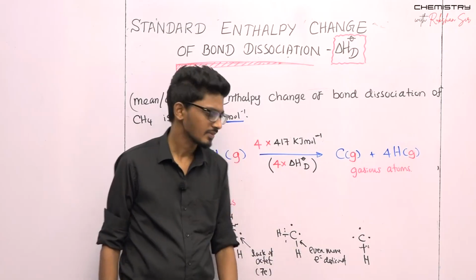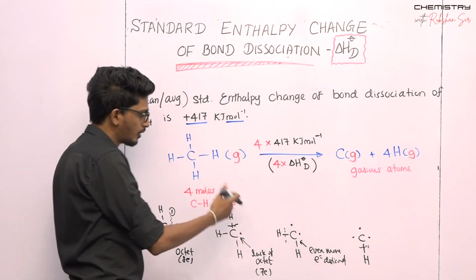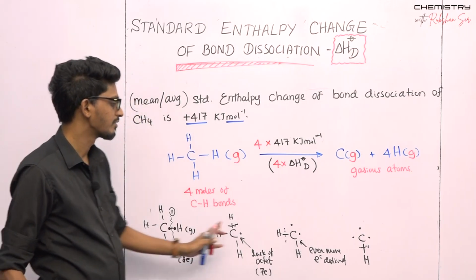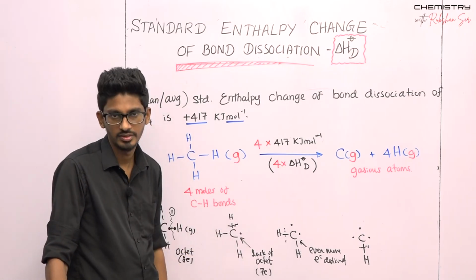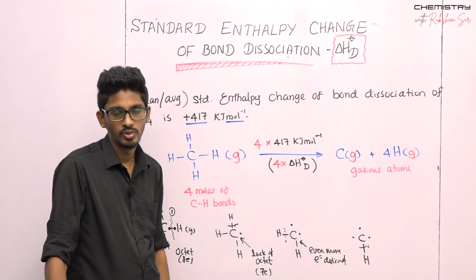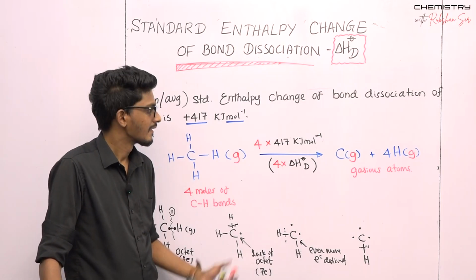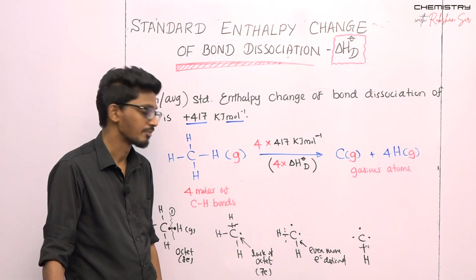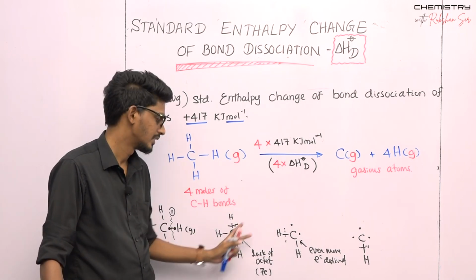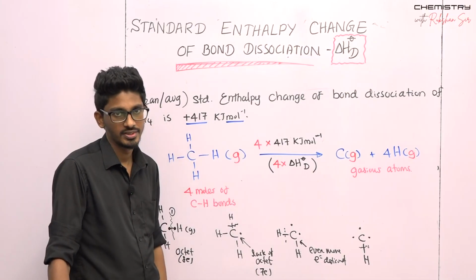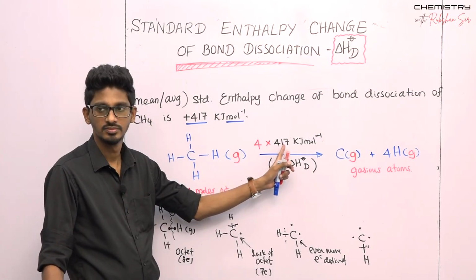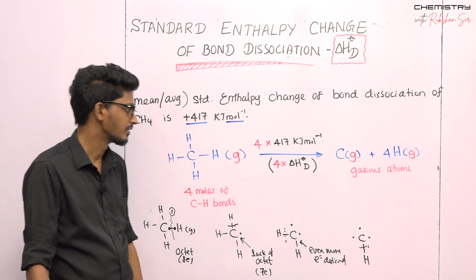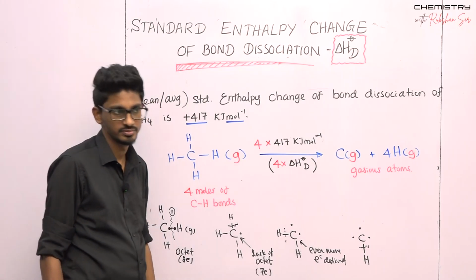Anyway, these 4 bond breakings come up with 4 different kilojoules per mole values. So we need to take some average to represent some rational value for all the 4 bonds. That is this value. That is what is referred to as an average value.